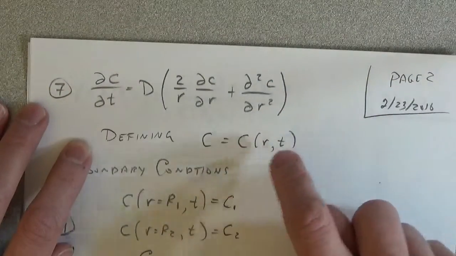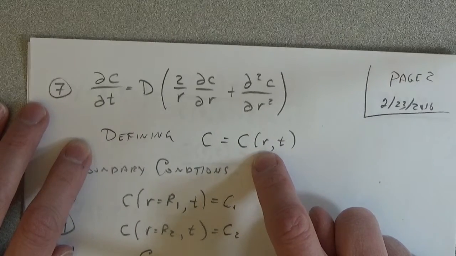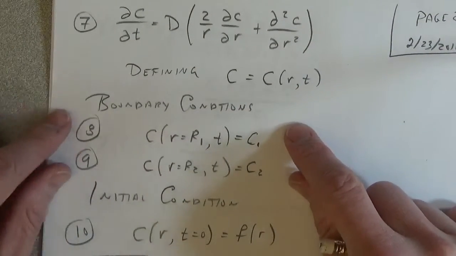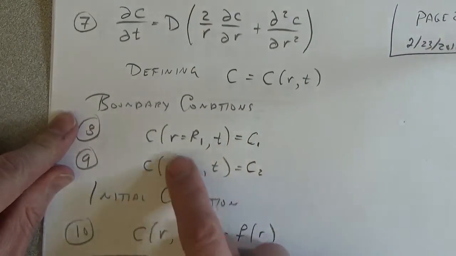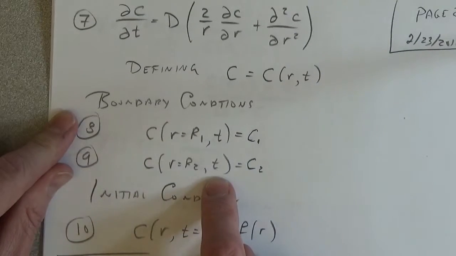And in doing this, we've now defined our concentration to be in terms of the radius and the time. And then our boundary conditions can be expressed this way. So at R1, we have concentration C1, at R2, we have concentration C2 for all times.